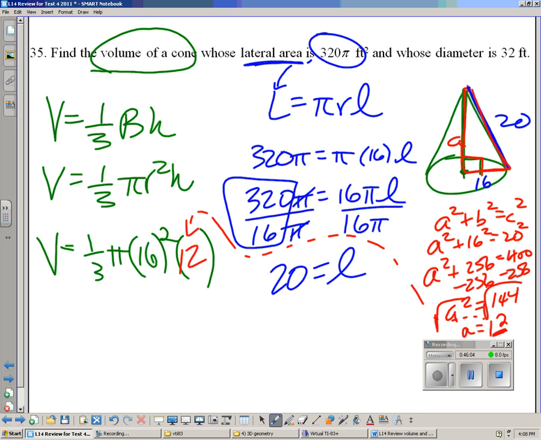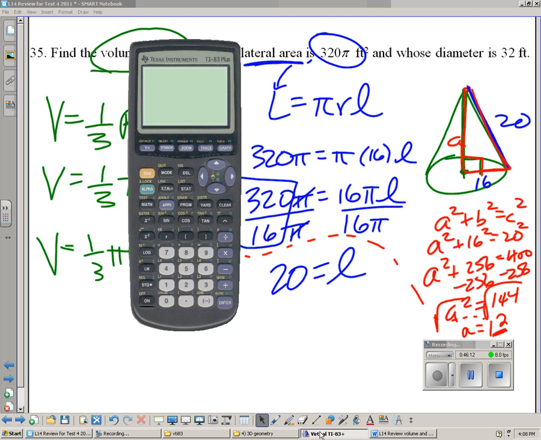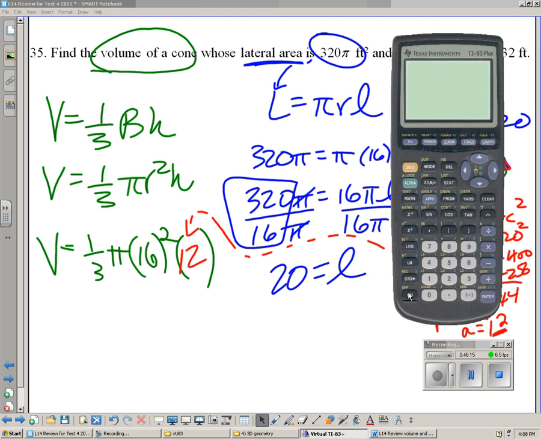That's the real height of the cone. Now we're going to multiply everything because we want to leave our answer in terms of pi. It doesn't say that, but if it doesn't, we can leave our answer in terms of pi. So we multiply everything but pi. We have 1/3 in parentheses, skipping pi, 16 squared times 12. And so we get 1024 pi.